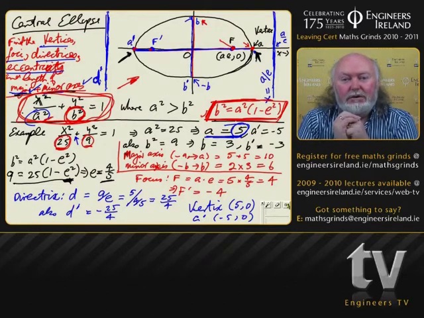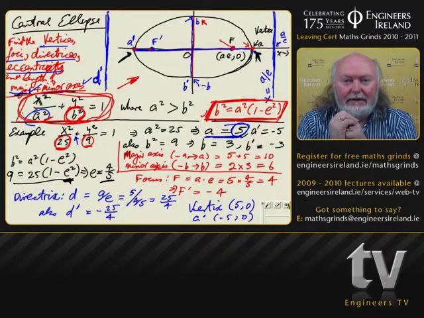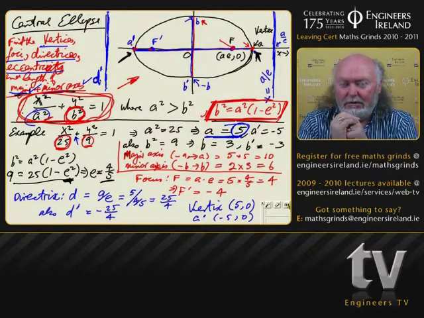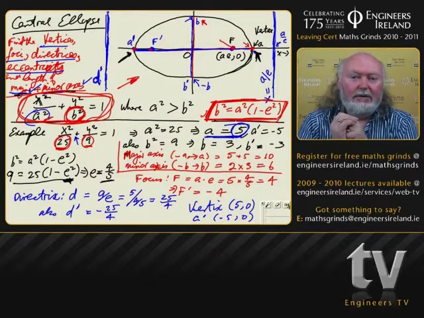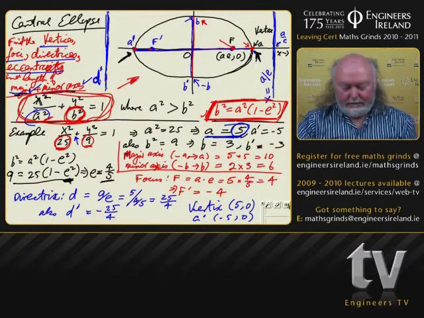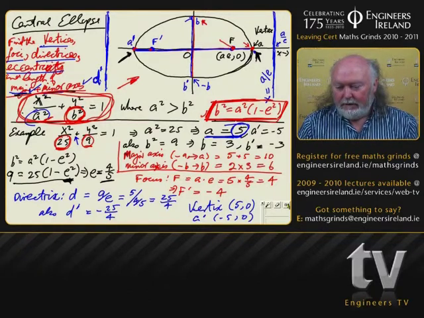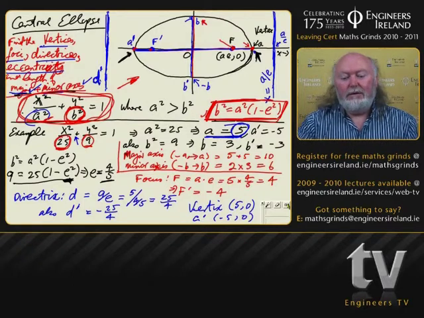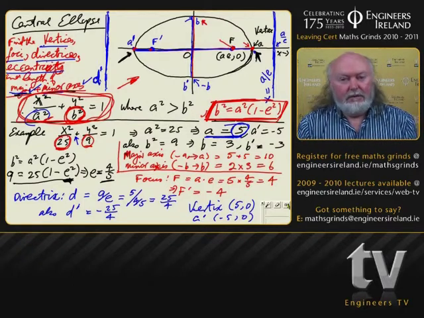Now that you've been introduced to the ellipse, you will find the next day, when we're dealing with transformations as they appear in question 11, that a lot of them relate to ellipses and special properties of ellipses. Just before I go, I wanted to mention one other thing about these, in case it comes up.